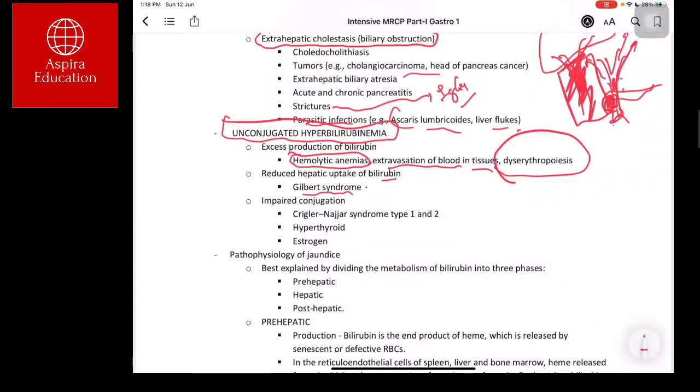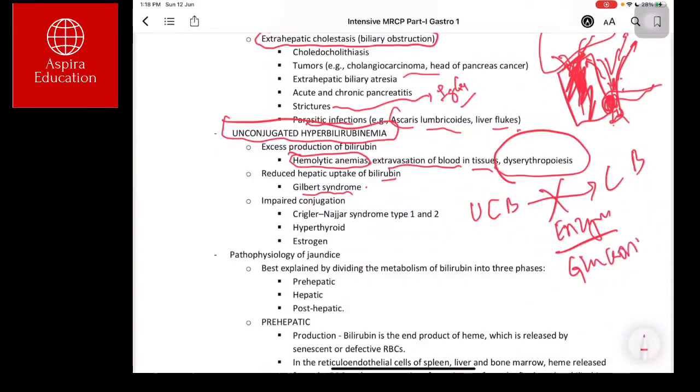Then, if unconjugated bilirubin has to undergo an enzymatic process to become conjugated bilirubin, and that enzymatic process is defective, then that unconjugated bilirubin will never be converted into conjugated bilirubin. These enzymes are called the glucuronidases.